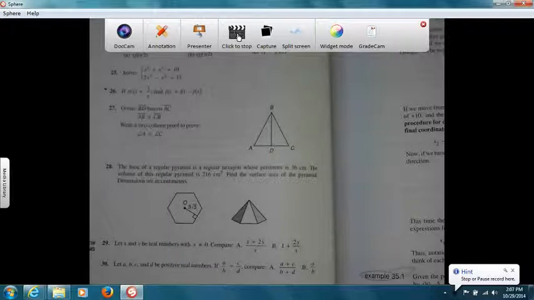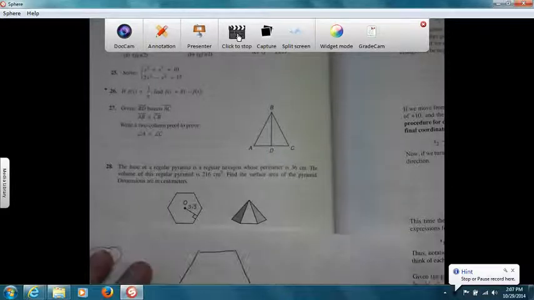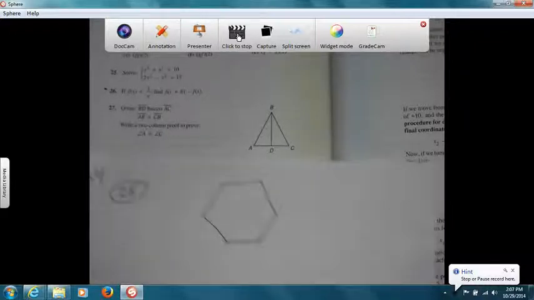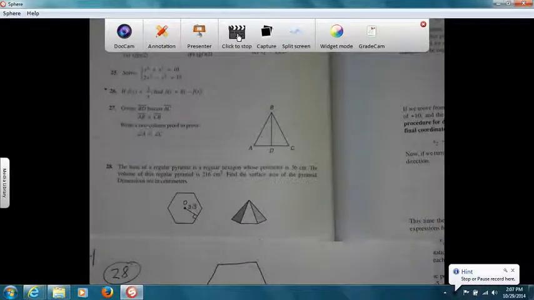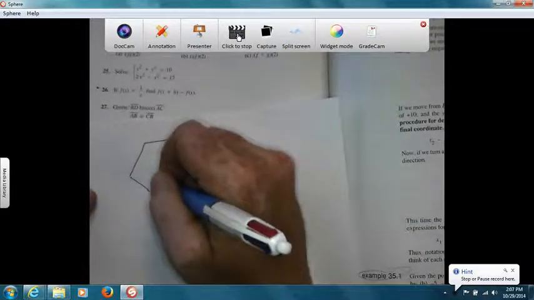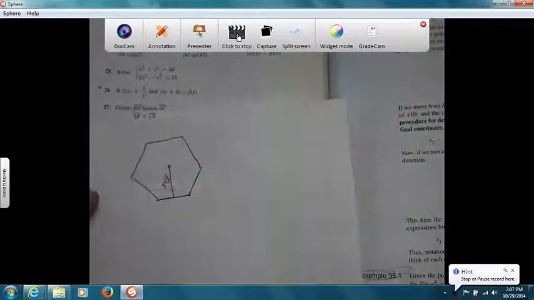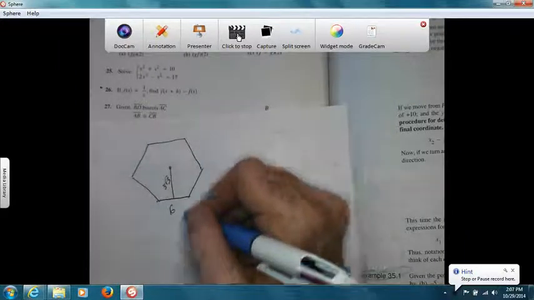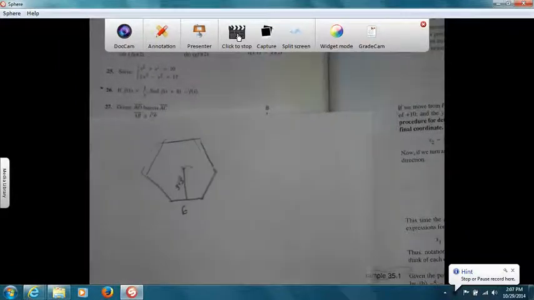Dimensions are in centimeters. So we're going to start out by drawing it. We've got 3 root 3 right here. That's 3 root 3. I already said because the perimeter is 36, all these sides are 6.